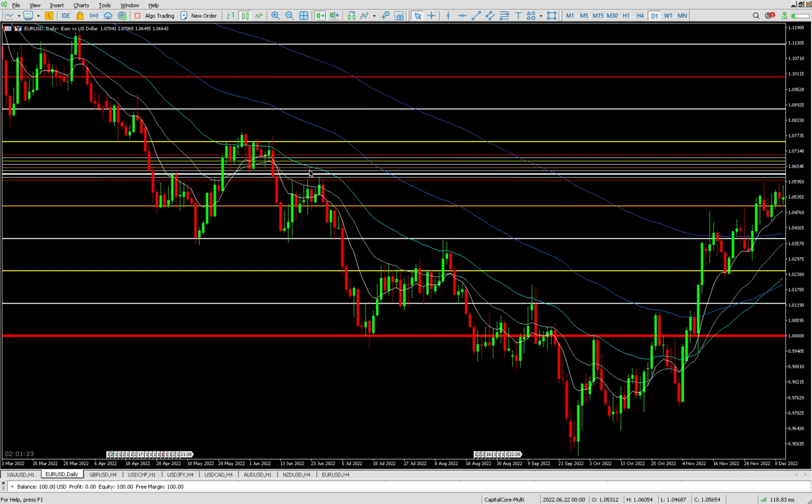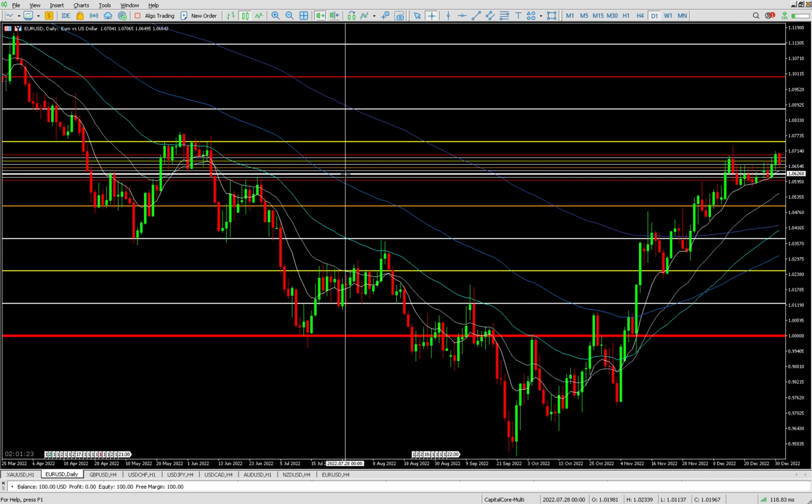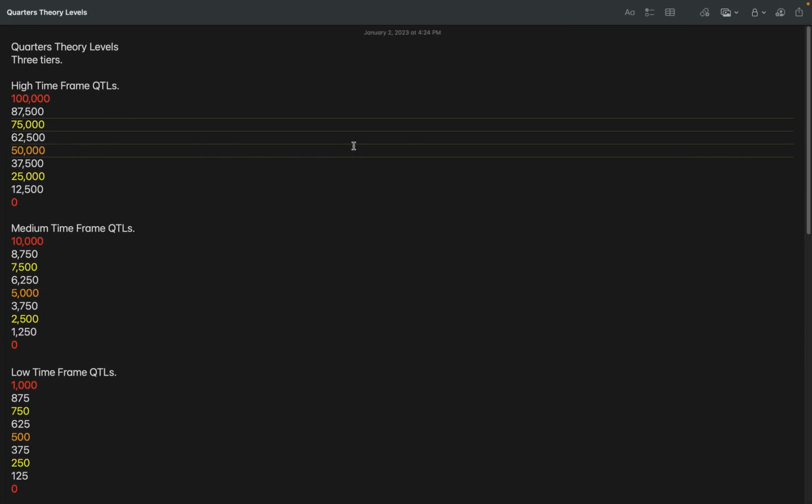Okay, now let's get our bearings. Our bearings are going to be between the 5,000 and the 7,500, or more specifically between the 6,250 and the 7,500.